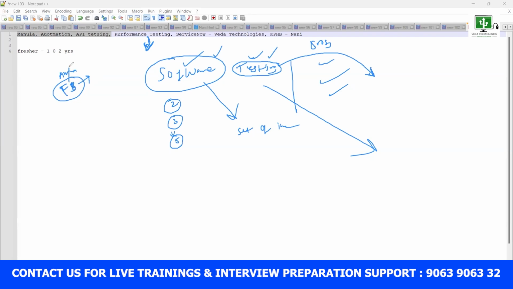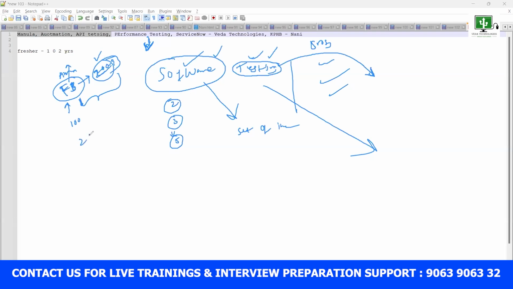Let's talk about this. Around 2008 or 2009, when Facebook was released, how many customers were there? Let's say around 100 people were using Facebook in 2009.